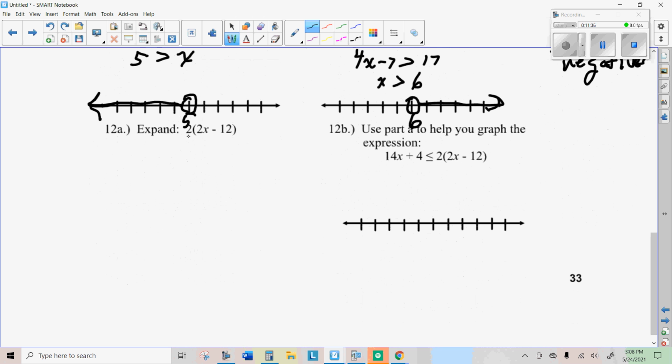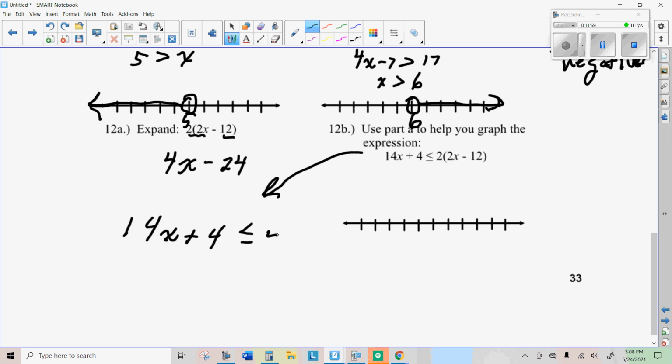So remember that expanding an expression like this, you would multiply 2 times 2 and also 2 times 12. So without parentheses, it would look like this. So on this problem here, you would do 14x plus 4, and you would get rid of the parentheses, 4x minus 24 first. Then you would do your balancing, maybe get rid of the 4x here.